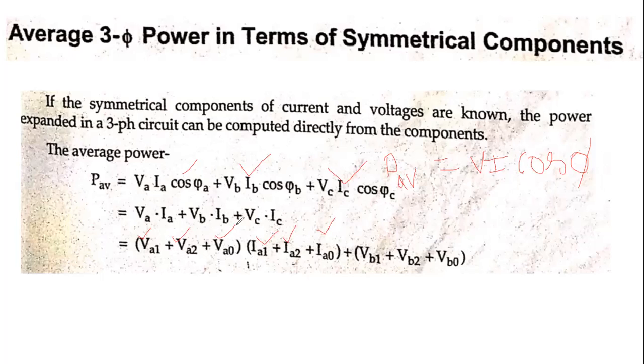Similarly, VB is equal to VB1 plus VB2 plus VB0, and IB is equal to IB1 plus IB2 plus IB0. Similarly, VC is VC1 plus VC2 plus VC0, and IC is IC1 plus IC2 plus IC0.